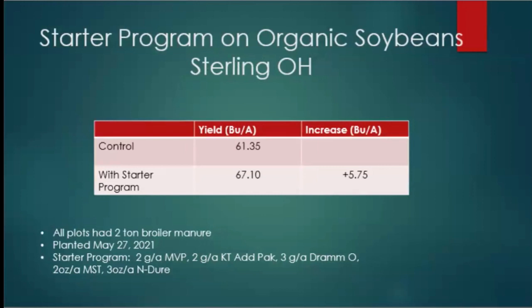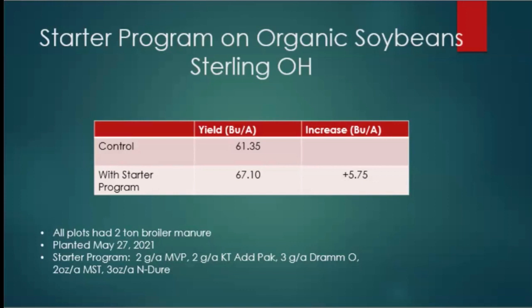So this is another trial on organic soybeans. So they had broiler manure. This is also mid-May, late May planted, and then a very similar starter program. He also added Endure in there, which is a rhizobium. Now, we like MST, but rhizobiums also have their place. They can be very important, especially in what we call virgin soils.